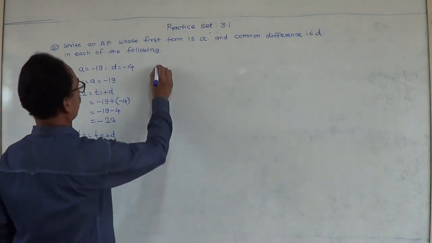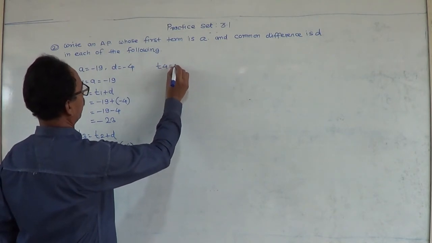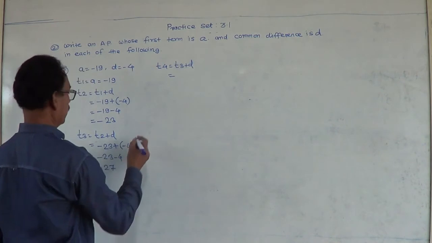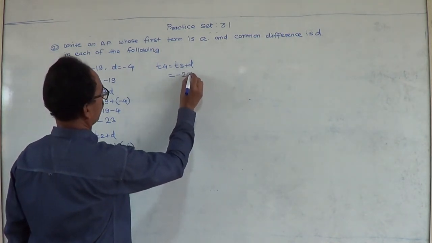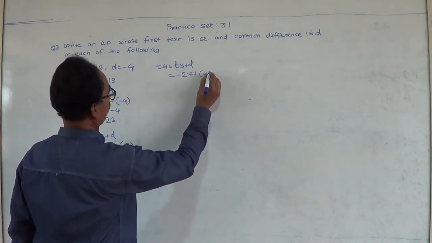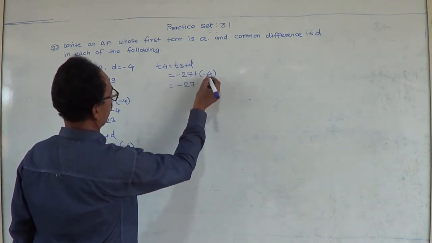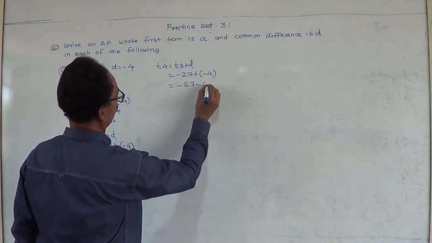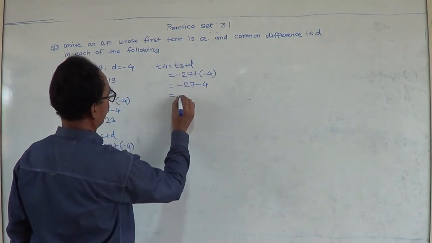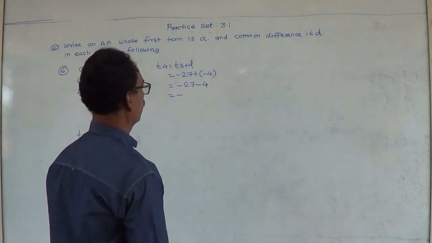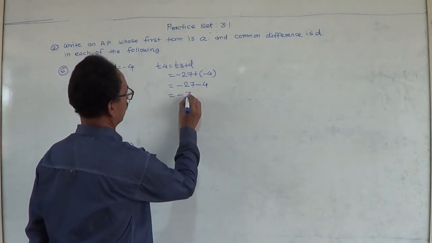Now T4 will be equal to T3 plus D. T3 is minus 27 plus minus 4. So this will be minus 27 minus 4, and this will be minus 31.